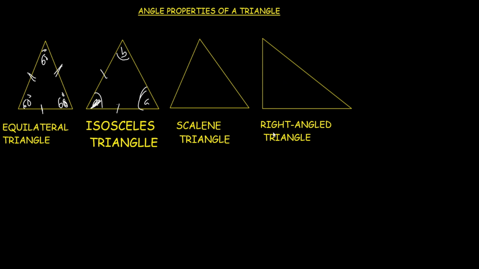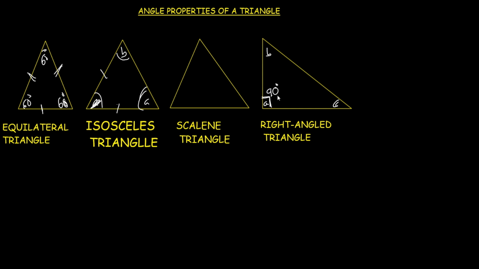Now the next one you see over here is a right angled triangle. When you hear right angle, it means one of the angles is equal to 90 degrees. Let me call this side A, this side B and also C. Now this angle is a right angle and is equal to 90 degrees.